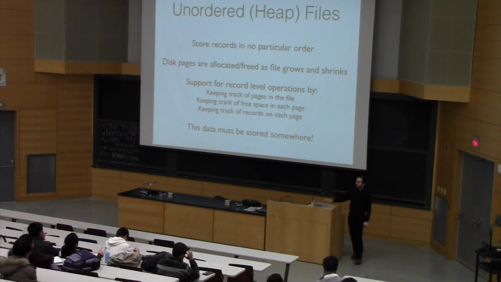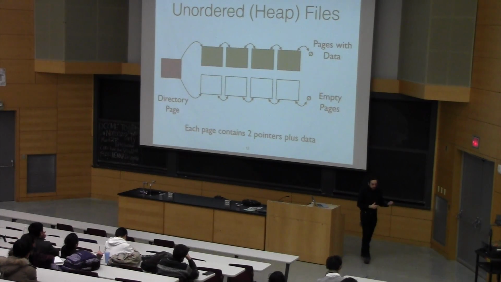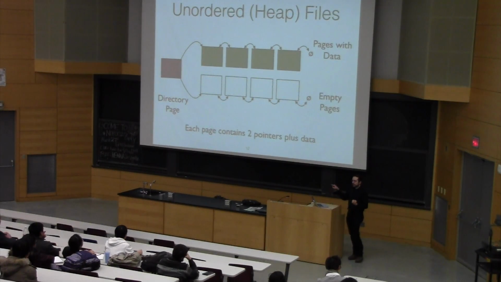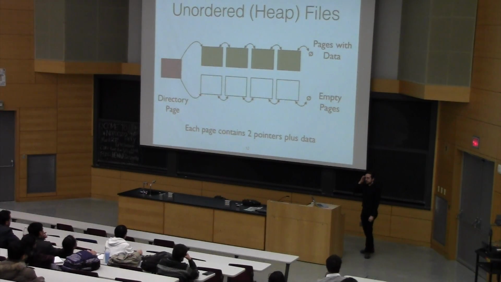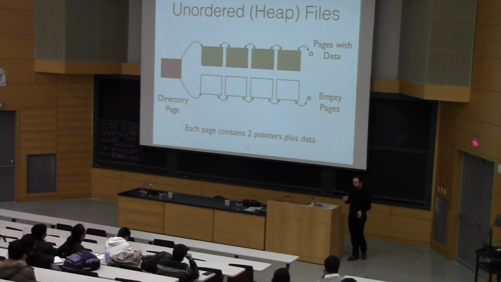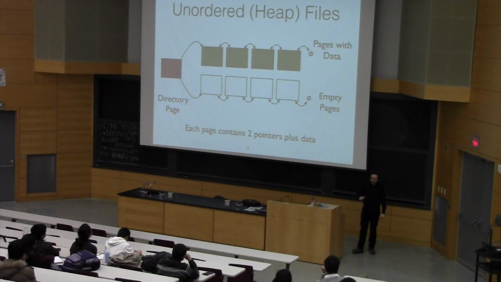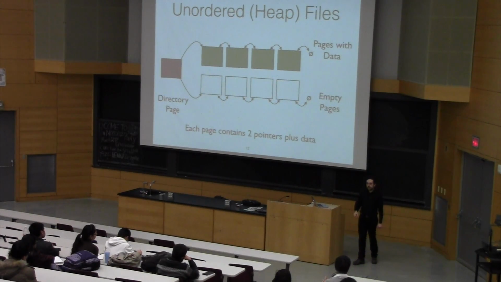So we'll essentially do something almost identical. We'll keep track of which pages are allocated and which pages are not allocated by having this one directory page and creating a kind of linked list between the pages. A file is a set of pages, but we don't want to have to rewrite the file every time we empty a page.